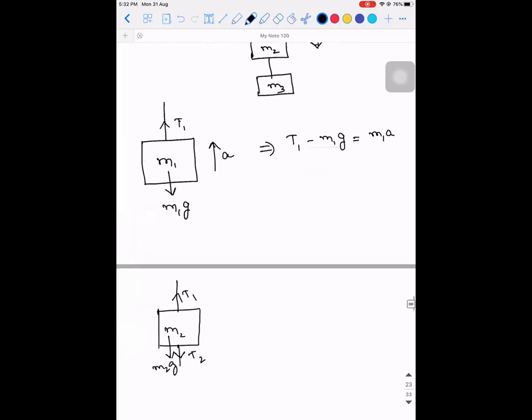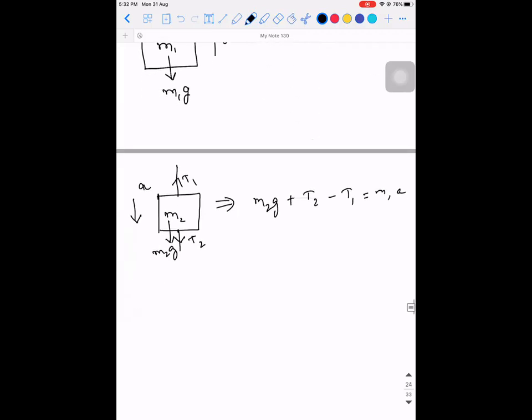So what will happen here? In which direction is it moving? Downward. So in which direction should the forces be greater? Downward. So M2G plus T2 minus T1 should be equal to M2 into A. Accepted. So this is equation number 2.